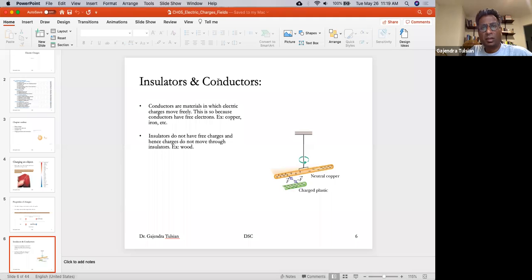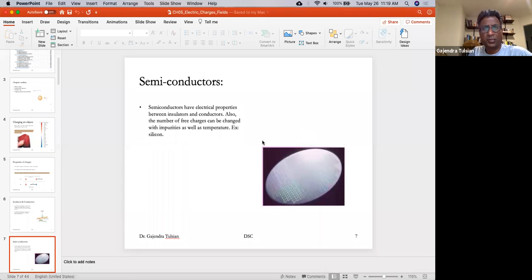The difference between insulators and conductors is that conductors have free charges, insulators do not. And semiconductors have electrical properties between insulators and conductors. For semiconductors, their conductivity can be varied by the number of impurities and so on.